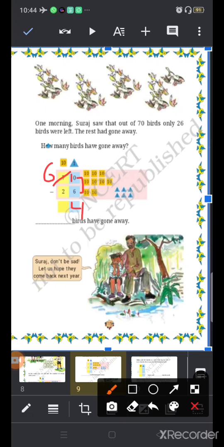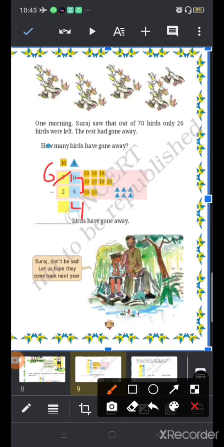Now we'll subtract the tens place. 6 minus 2. So from 2 onwards we have to count up to 6. Start counting after 2 up to 6: 3, 4, 5, 6.